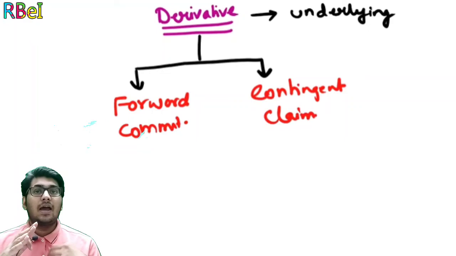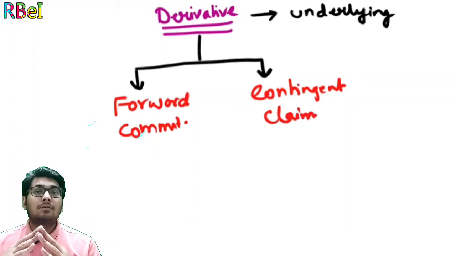If I had a contract with you that after 1 month I will buy 100 apples at the rate of 40, then I have to buy it, because it's a right as well as an obligation. I have the right to buy apple, I have an obligation to buy apple, they both are there. When I say right, you cannot go away from there, and when I say obligation, I cannot go away from there. Similarly, you have the right to sell as well as the obligation to sell. We call it a forward commitment.